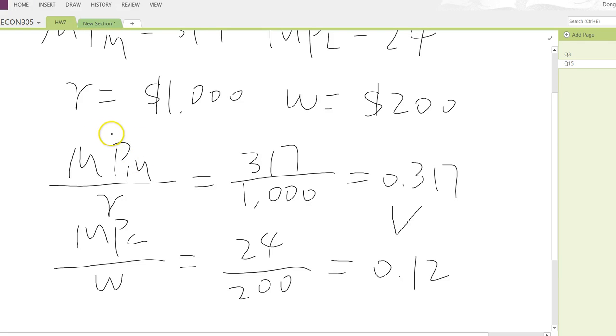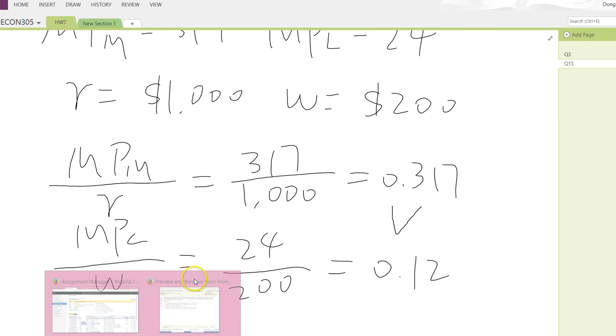Because the price of capital is a fixed number, to lower this ratio we need to lower the marginal product of capital. And because the marginal product of capital is a decreasing function of the capital, we need to increase the amount of capital. Hence, we need to increase the number of machines and at the same time decrease the number of workers. Hence, the marginal product of labor can increase.